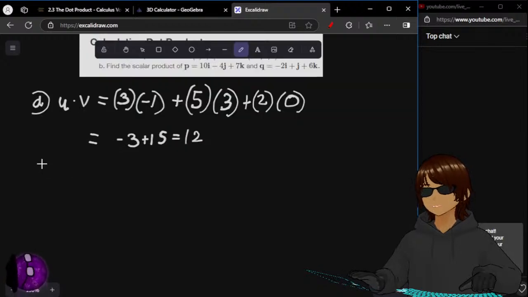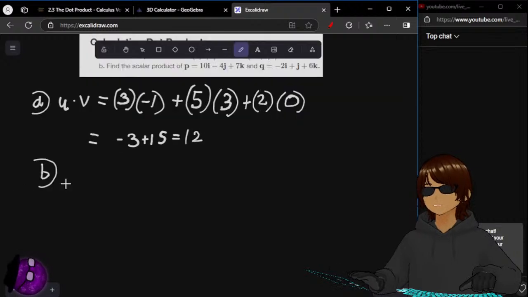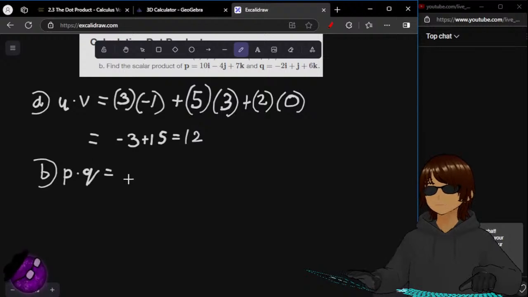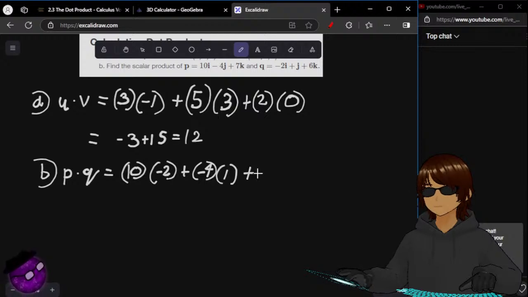As for the second part, you have p and q. And I think the dot product would be 10 times minus 2, plus minus 4 times 1, plus 7 times 6.